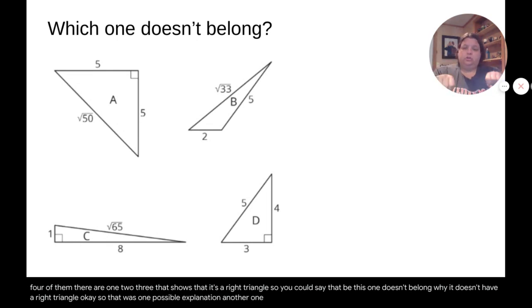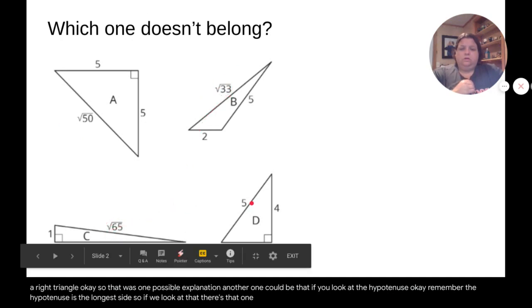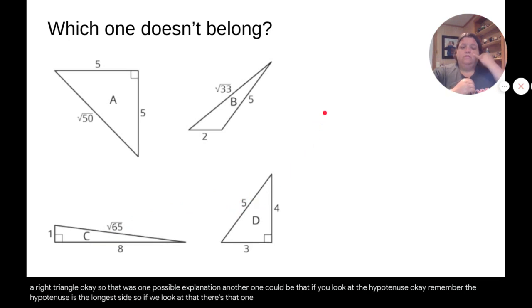Another one could be that if you look at the hypotenuse, okay, remember the hypotenuse is the longest side. So if we look at that, there's that one, there's that one, and that one. So if you are looking at the hypotenuse, you could say that D doesn't match. Why?